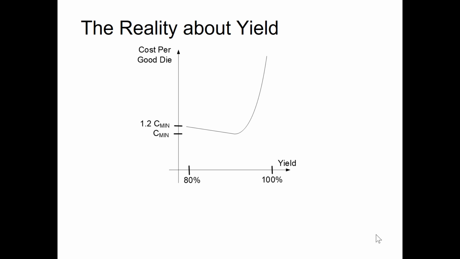So it can vary very widely from product to product as to where that minimum cost per good die is. But keep in mind, throwing away die, if you can cut the cost per good die, is something you really want to do.